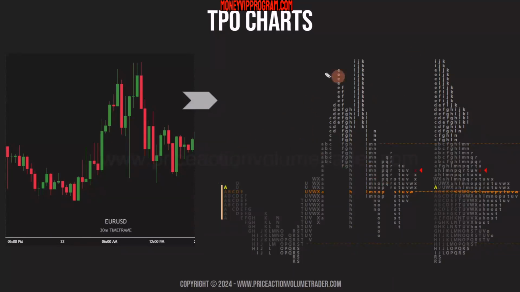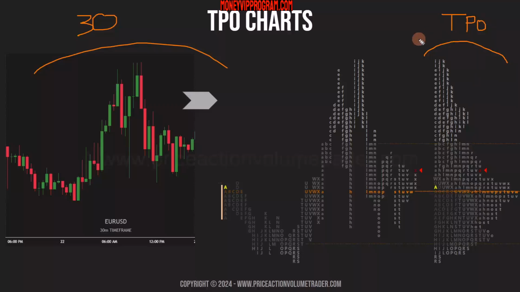Okay, and here we have the 30-minute candlestick representation. Here we have a letter TPO chart, and then here we have that same TPO chart, but this is going to be the split version of this profile.